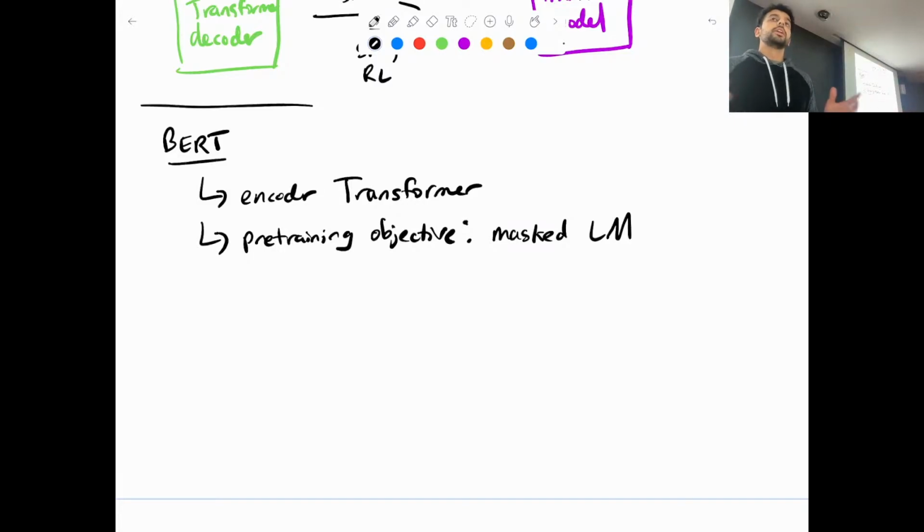Because there's no masking happening during the training process. And so if we did next word prediction naively, this would not result in a model that has to learn anything because it already has the answer about what the next word is. And so we'll see the different architecture here.